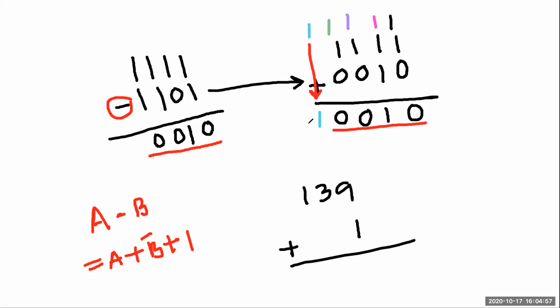So we cannot consider this carry as our first bit. We have to ignore it. Got my point? Yes, sir. We have to ignore the last carry. If we ignore it, see the result? Same. We do the subtraction by means of addition. This is how your computer does it.